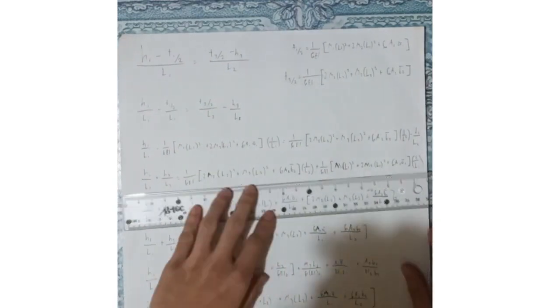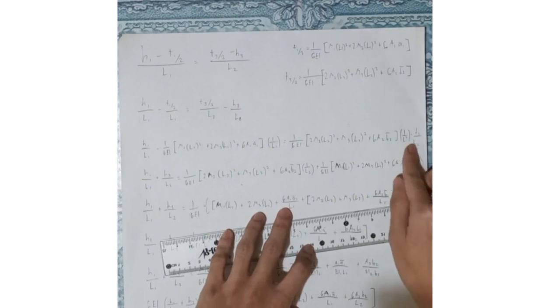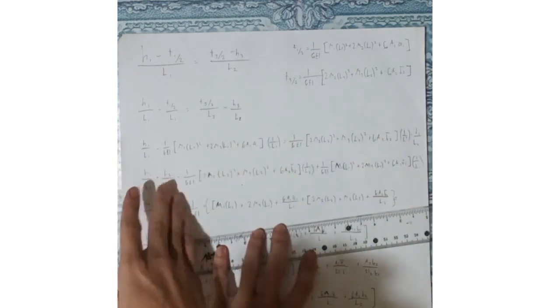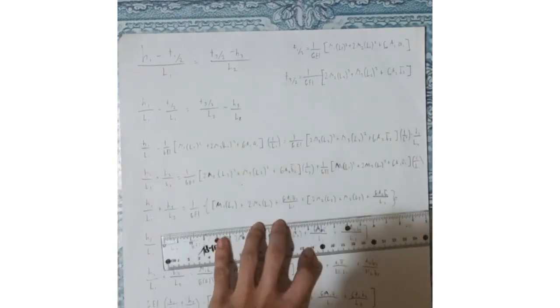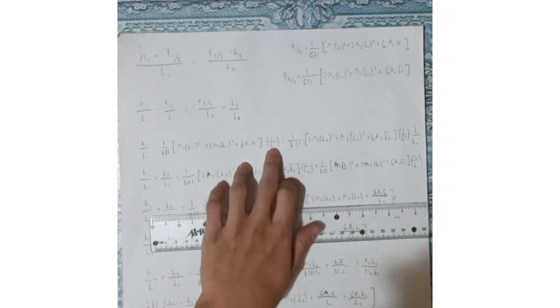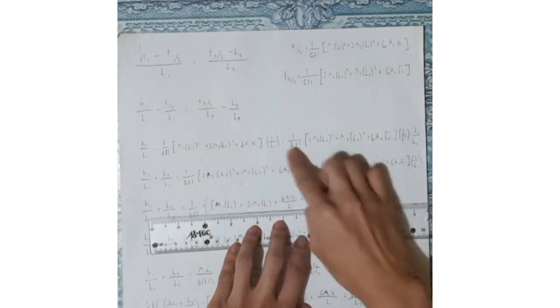You see me? Yes. And then we simplify it by transferring this h3 over l2 to the other side. Then we multiply this l1 and l2, 1 over l1 and 1 over l2. So we get this.